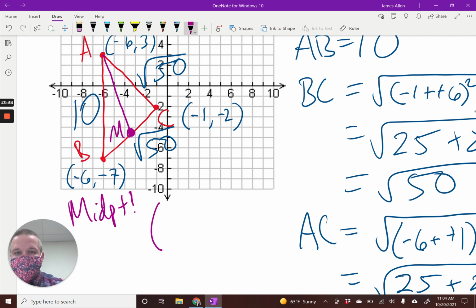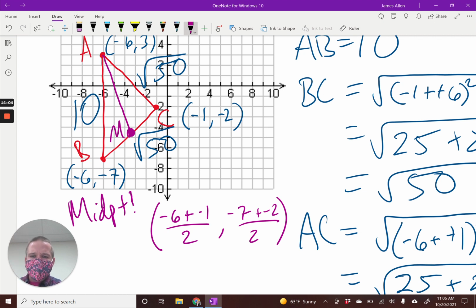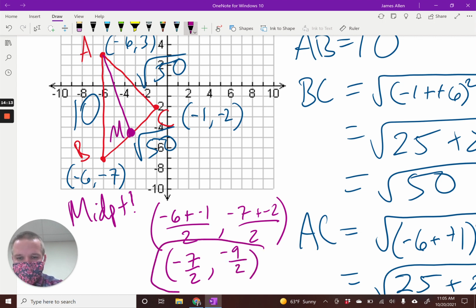I have to do my x's added together, -6 plus -1 divided by 2, and my y's, -7 plus -2 divided by 2. So I have -7 over 2, that doesn't simplify, and then -9 over 2, that does not simplify. So those are my coordinates of the midpoint M.